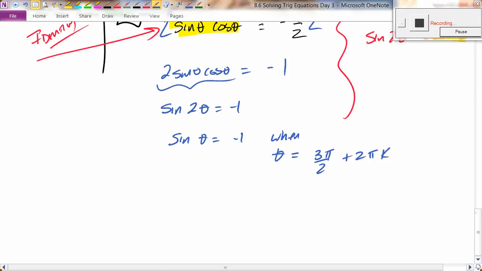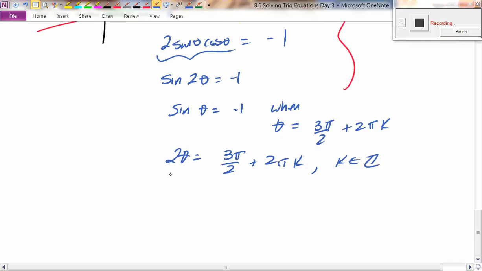So we go back and say, the argument 2 theta is equal to 3 pi over 2 plus 2 pi k, where k is an integer, right? So we're going to solve this for theta, so we divide by 2, divided by 2, divided by 2. So theta must be 3 pi over 4 plus pi k. Great. Well, how many solutions are we looking for?